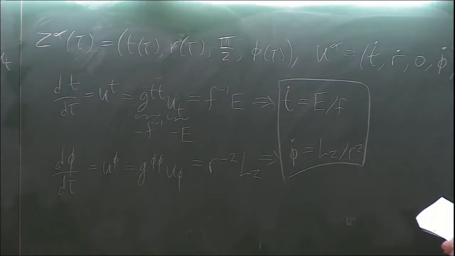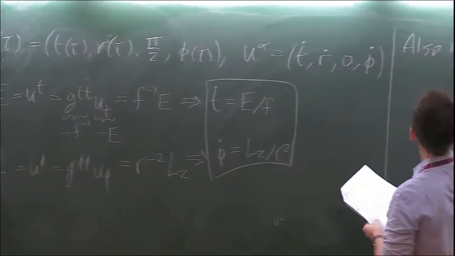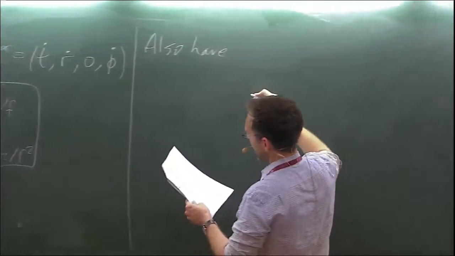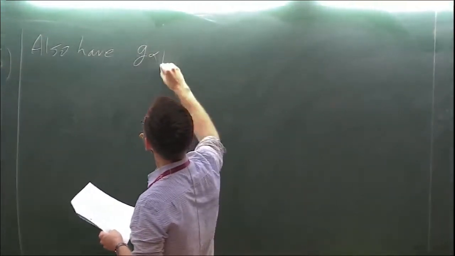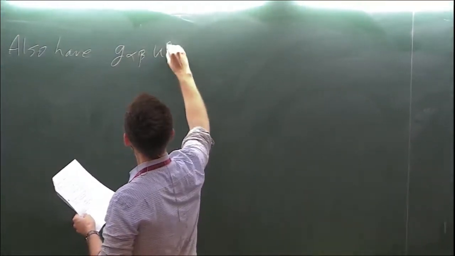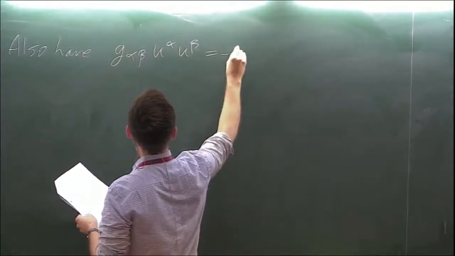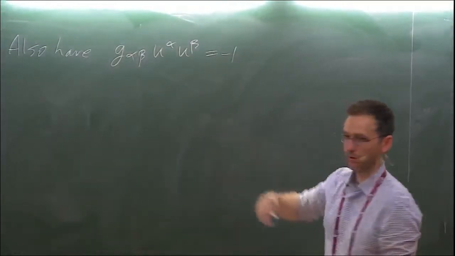And we also have one more constant of motion, which is the conserved length of the 4-velocity. So we also have that g_αβ times u^α u^β is -1. So this is true at all points along the orbit.